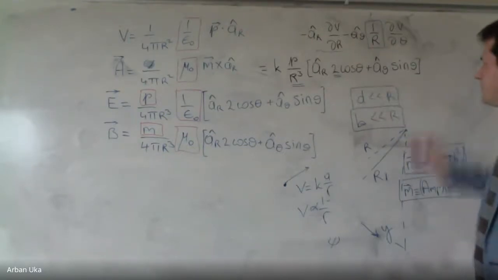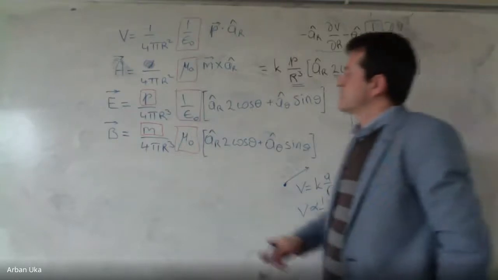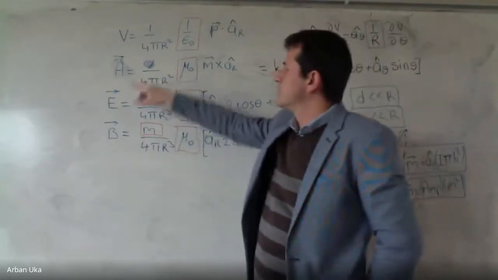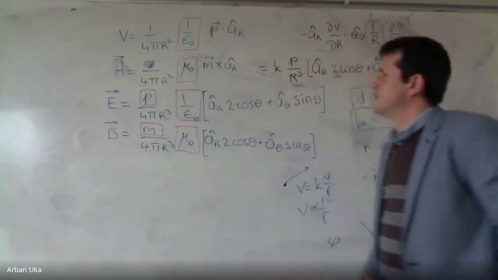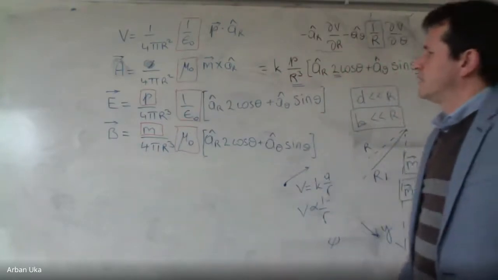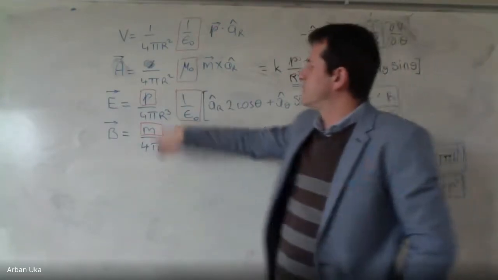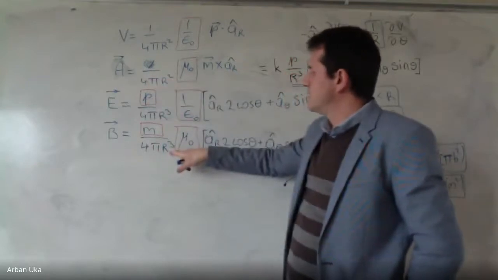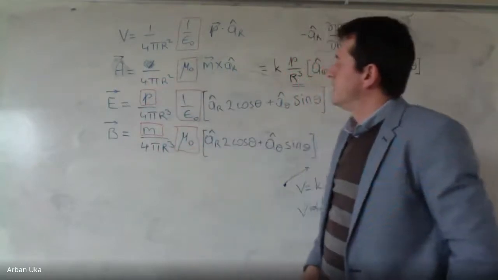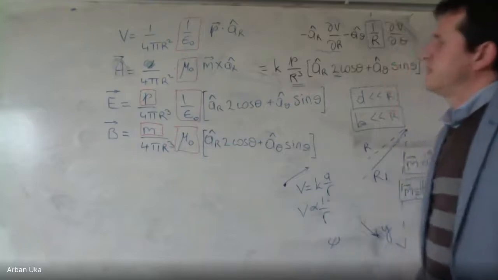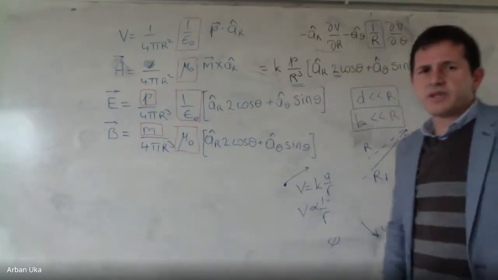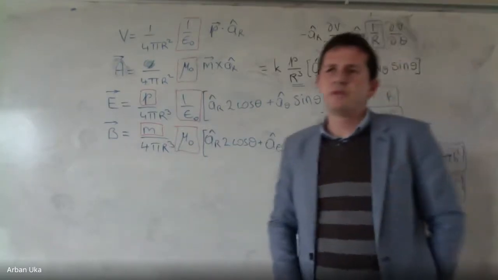For these reasons, A, which is traditionally proportional to 1 over r, is here 1 over r squared, and since B is a space derivative of A, it is 1 over r cubed.